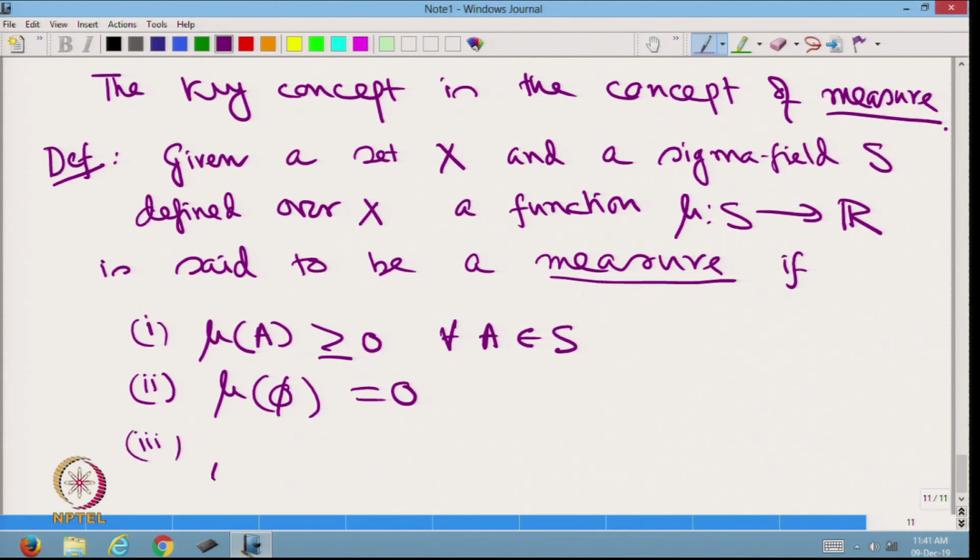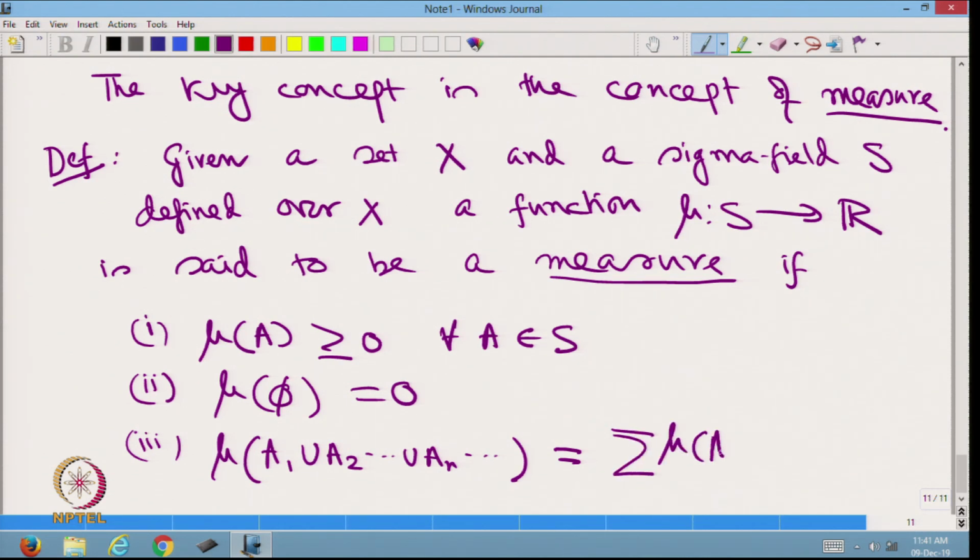and three, mu of A1 union A2 union ... union An is equal to the sum of mu of Ai, i equal to 1 to n, if the Ai's are mutually disjoint.